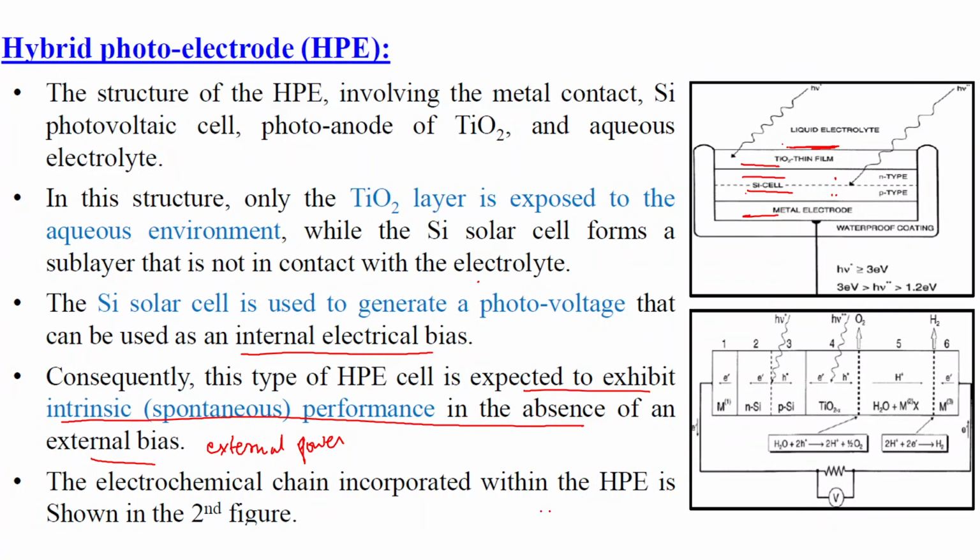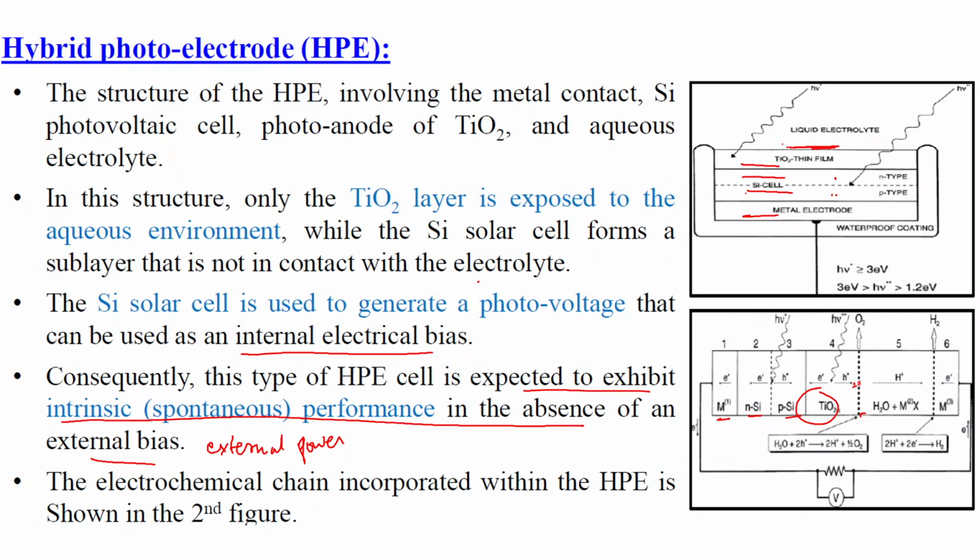The electrochemical chain incorporated within the HPE is shown here. The layer of metal, then n-type silicon, p-type silicon, then TiO2, and here water is there. So what happens at the interface of this TiO2 and water? This TiO2 absorbs sunlight and gets split into electron and hole.